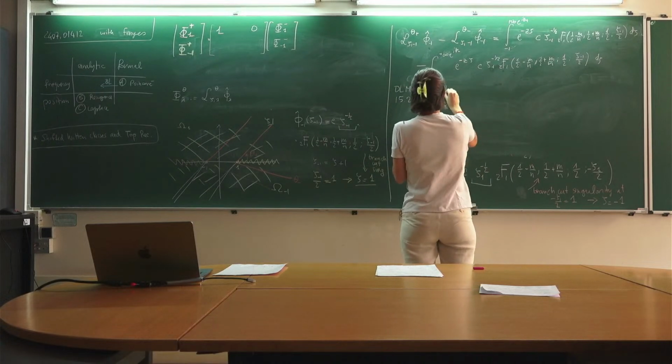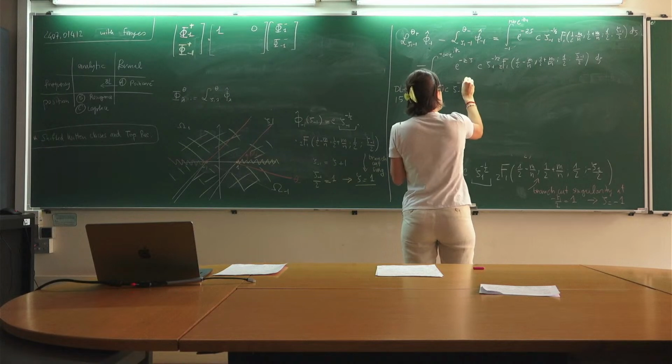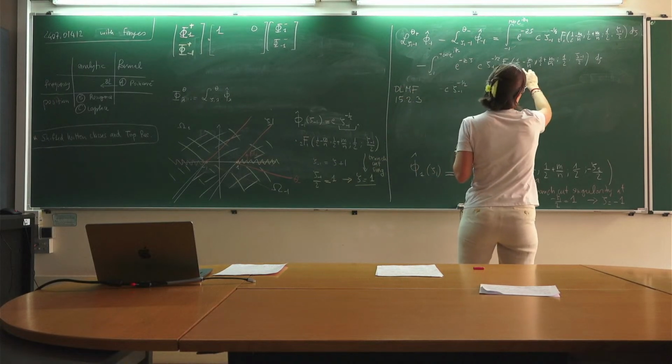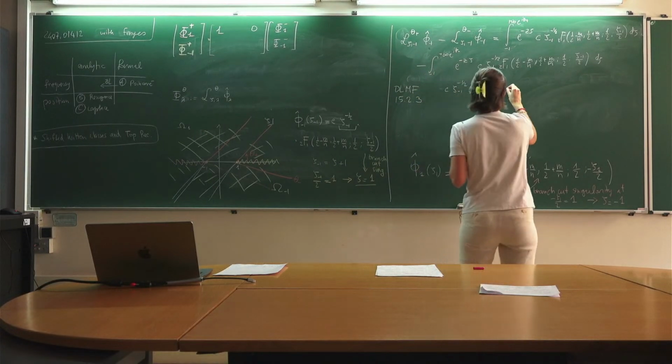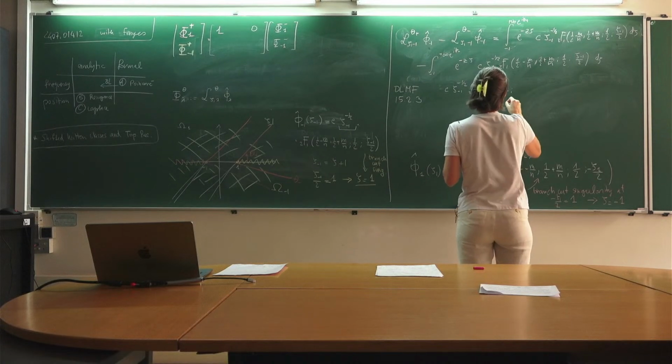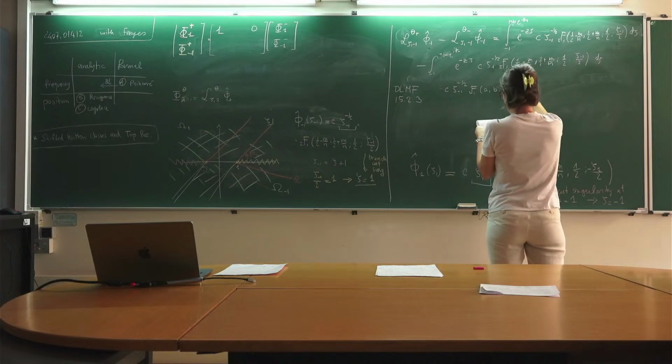So now let me just copy this part, with some A, B, D, and then the zeta minus 1.